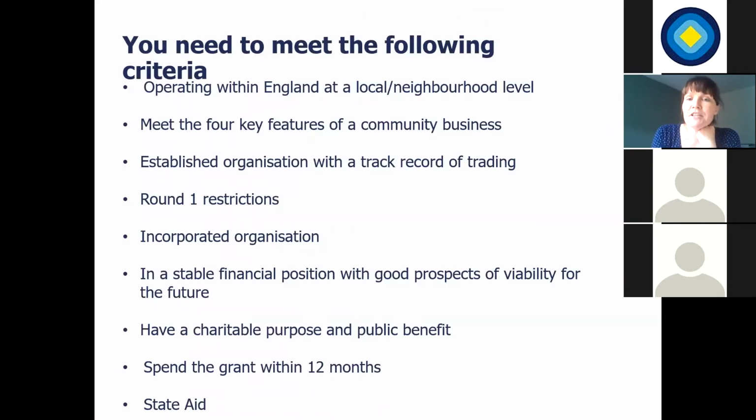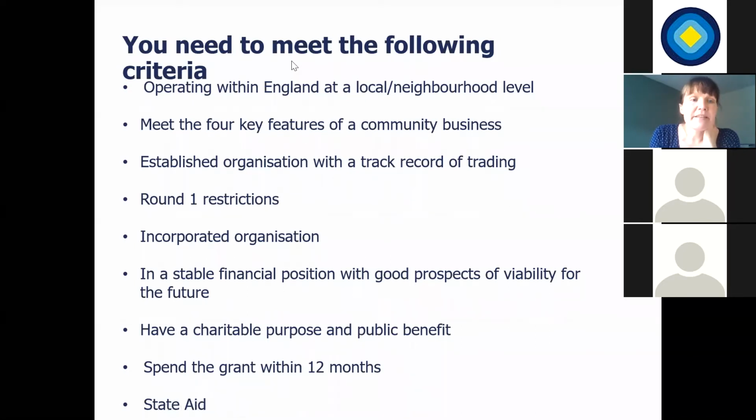Okay, so I'm now going to go through the fund criteria to outline who is eligible to apply. So you must be based within England and operating at a neighbourhood level. You must meet the 4 key features of a community business, and I'll go through those in more detail shortly. You must be an established organisation with a track record of trading.